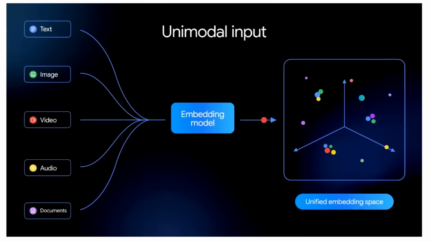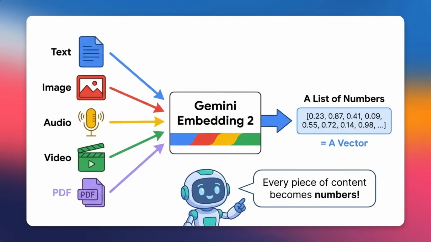So, real quick, for anyone who's new to this and not sure how embeddings work, I covered that quite a bit in the video I made about the Qwen models. But the simplest way to think about it is that you can take any piece of content, whether a sentence, an image, a chunk of audio, a video, or even a PDF file, and the model converts that into a list of numbers, specifically a vector that lives in a high dimensional space.